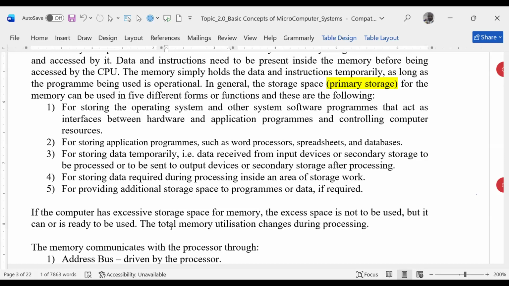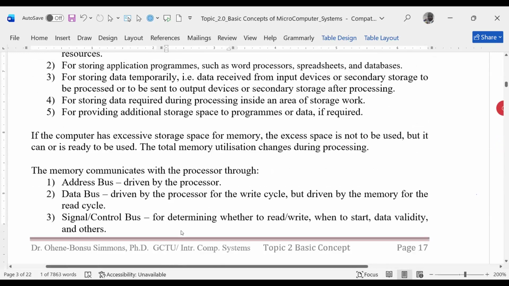It's possible that Excel can open before the CorelDRAW. And after this job is done, the memory automatically assigns additional space to the CorelDRAW so that one will be loaded. So memory adds additional space when it's needed. And these are the 5 functions of the memory space.